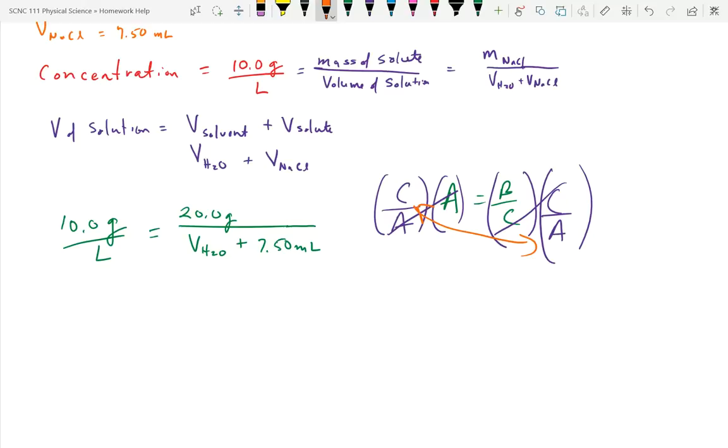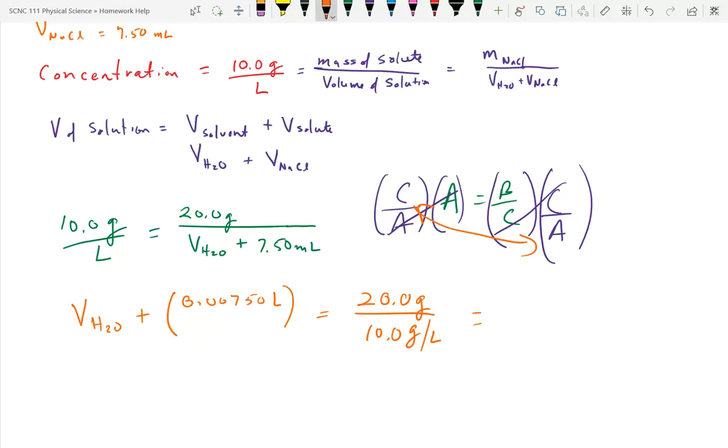That is, I have volume of H2O plus, and now I'm shifting units. So what does milli mean? 7.50 milliliters. What does milli mean? 1,000th, actually. And so that's 7.50 over 1,000, or 0.00750 liters, is equal to 20.0 grams over 10.0 grams per liter. 20 divided by 10 is not a hard number.